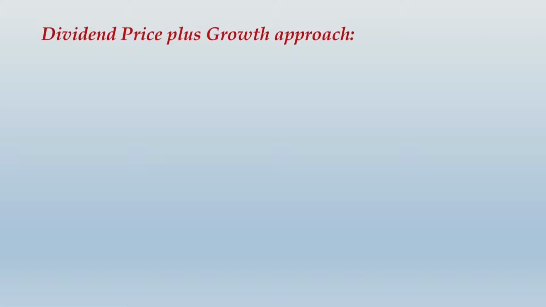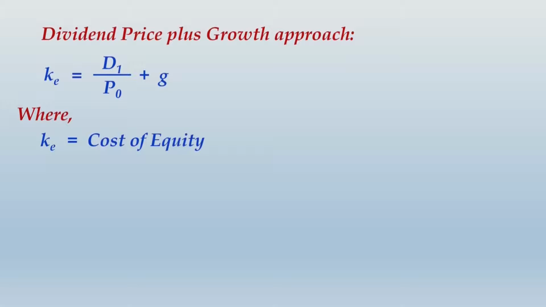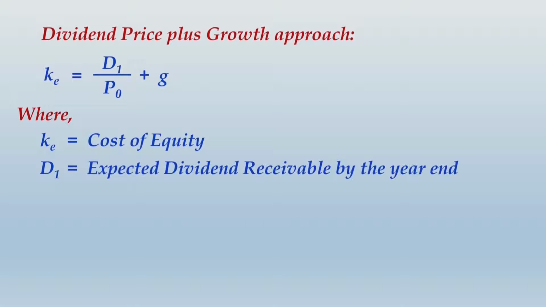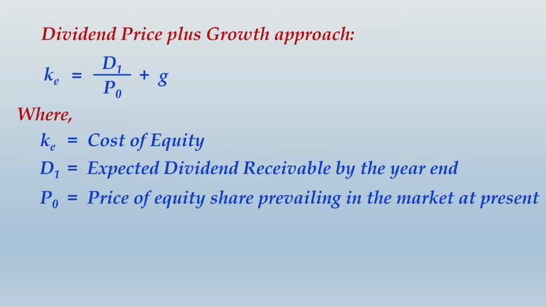Now, dividend price plus growth approach, the formula over here: KE equals D1 by P0 plus G, and each variable over here has been defined. KE stands for cost of equity, D1 is the expected dividend receivable by the year end, P0 is the price of equity share prevailing in the market at present, G stands for growth rate.